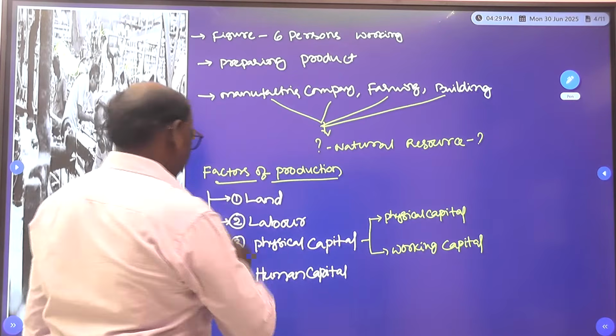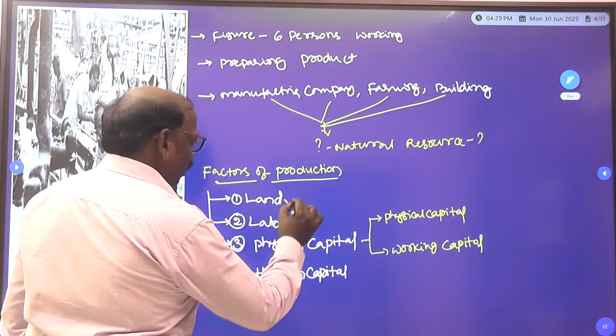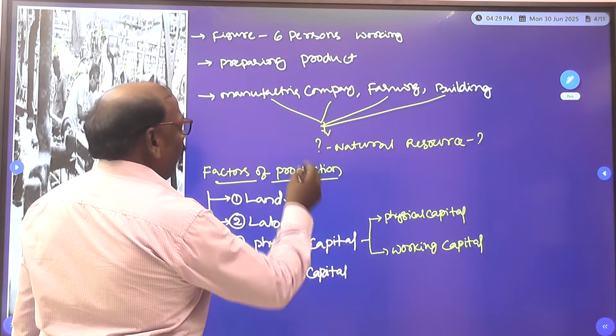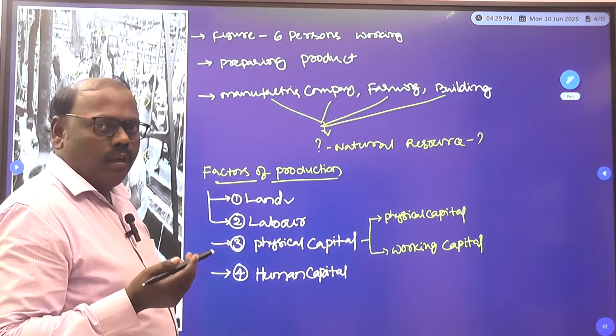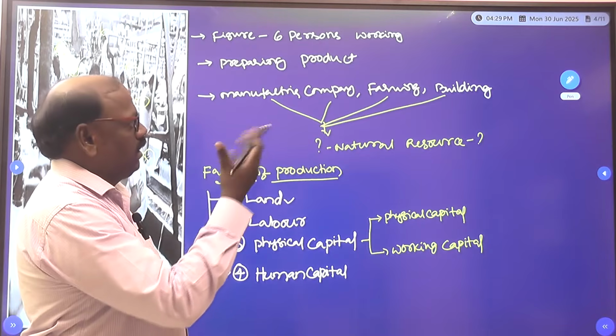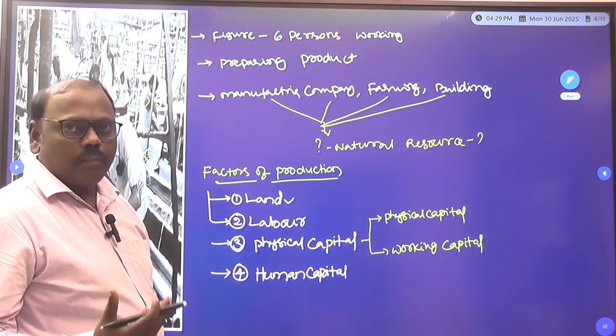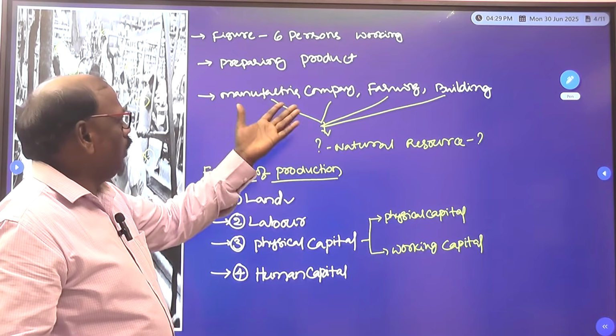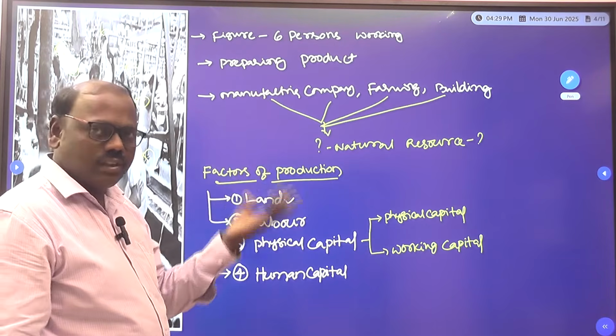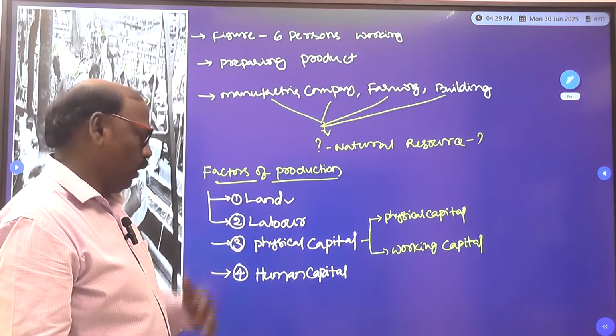If you define land, we need land mandatorily. Without land, where can we go for farming? Without land, where can we construct a building? Without having land, where can we create manufacturing industries and all? So that's why land is very important.